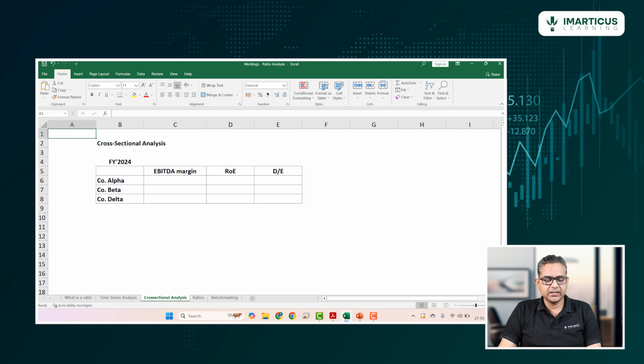In time series analysis, we were looking at just one company, but here we are looking at multiple companies over a particular period, right? So how different companies have done in that period, that is what we do through cross-sectional analysis.